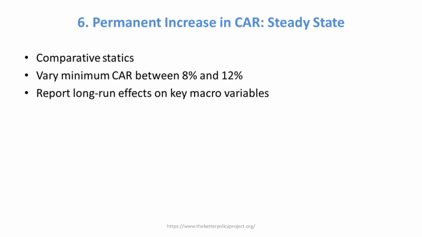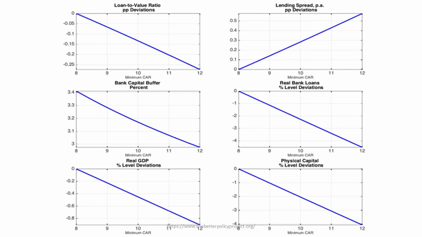Interestingly, as the economy becomes safer under higher capital requirements, banks reduce their precautionary buffers. For example, when the capital adequacy ratio is set at 8%, banks maintain a buffer of 3.4 percentage points. However, raising the ratio to 12% reduces this buffer to 3%, reflecting diminished uncertainty in the financial environment.